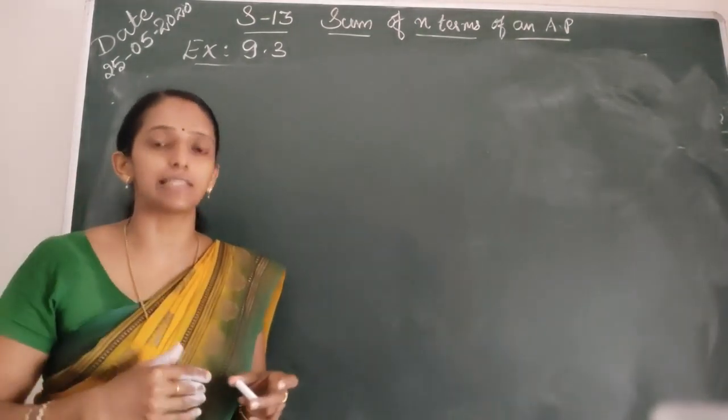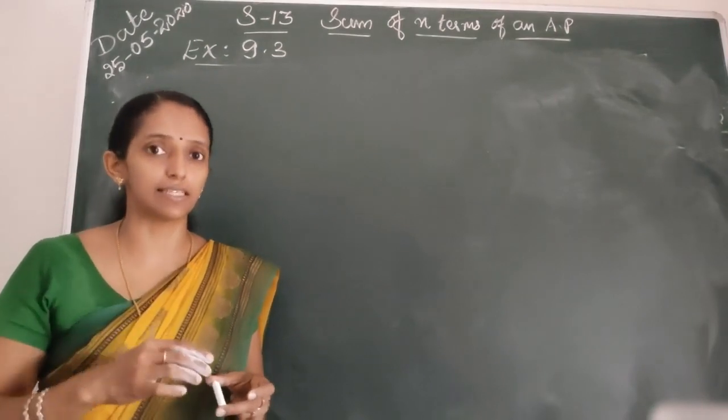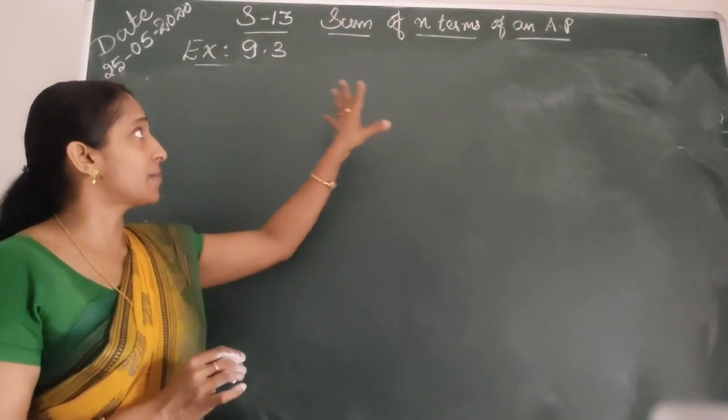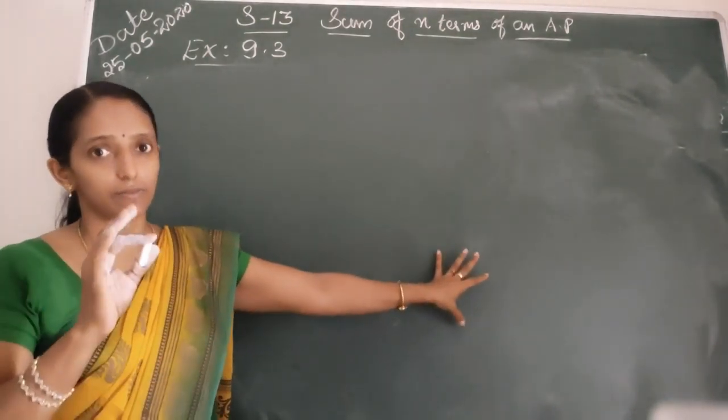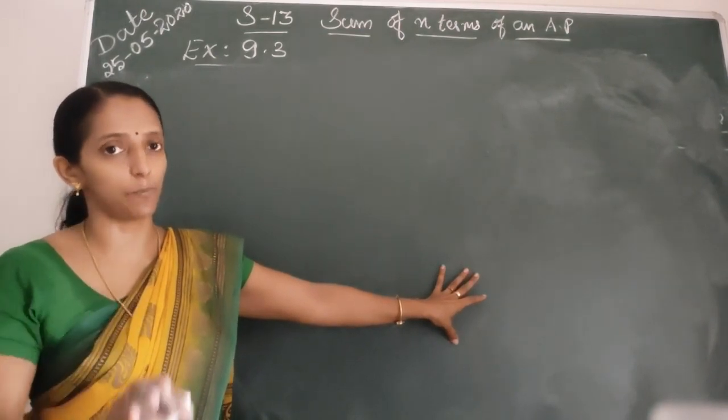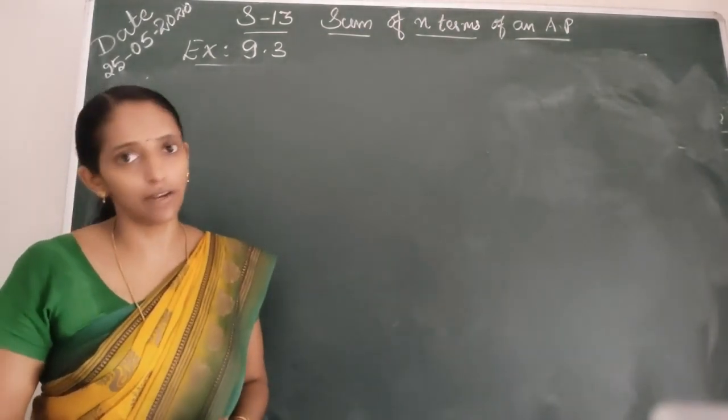The upcoming series GP we will see in the next class. So today I am going to wind up with all these terms up to the sum of n terms of an AP and the related formulae.